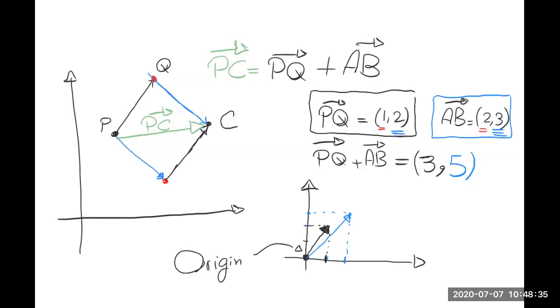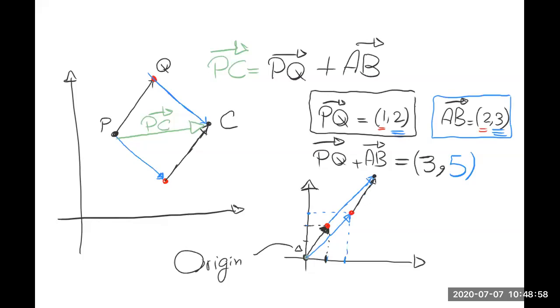Now I can do this trick. From these two red points, I can draw two vectors parallel to the other one. From here, I would draw a vector parallel to the blue one. And from the other vector, I would draw a vector parallel to the black one. It would get to a point.